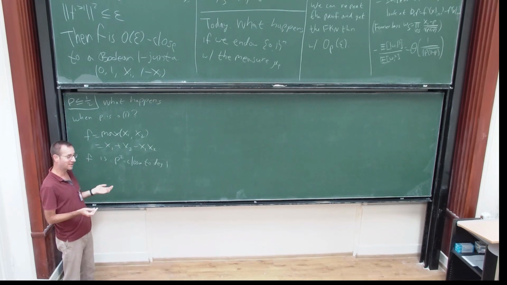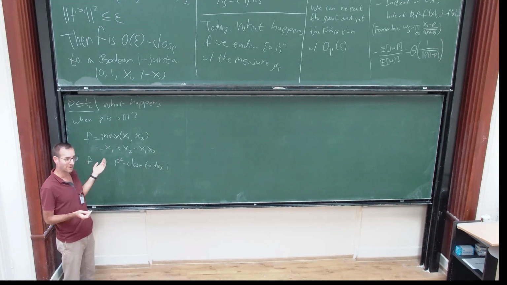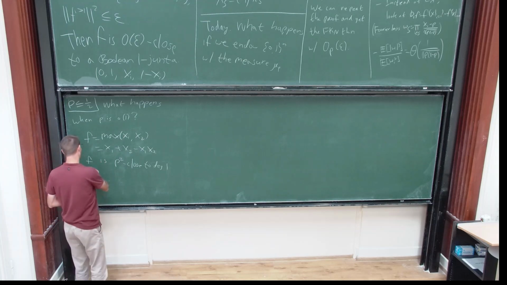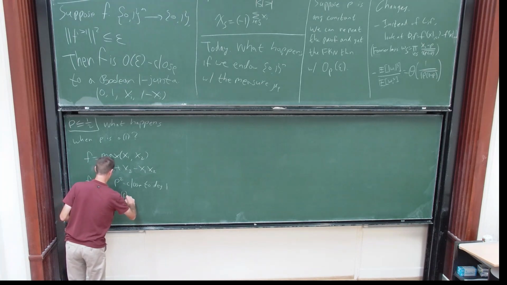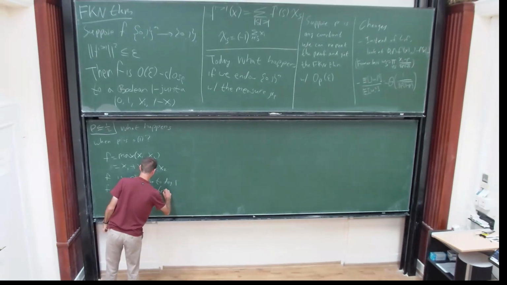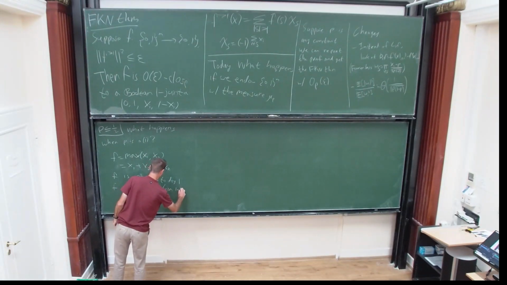And the probability of mistake is like p times 1 minus p. So f is omega p far from any 1-junta.